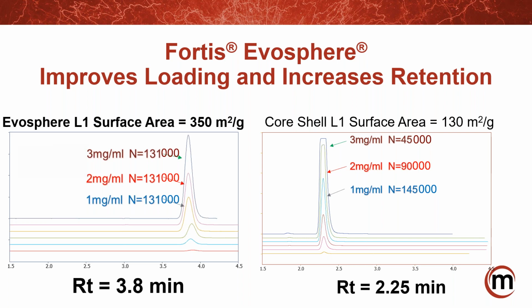And so that's a significant advantage as well if you're needing to go to isolation purification groups, or if you're needing to see a small component in a very large drug substance or drug product mixture, the advantage to load more onto the column really becomes advantageous.